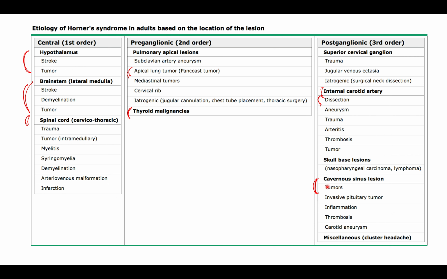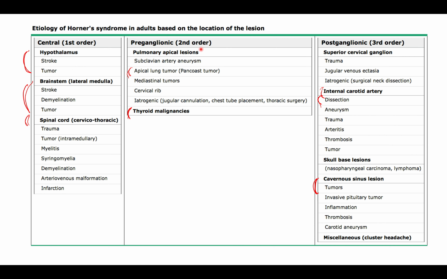Or maybe a cavernous sinus lesion, for example a tumor. Or if there is stroke or tumor in the hypothalamus, or even in the first order neurons in the central nervous system, it may cause Horner syndrome. In the brain stem, the lateral medulla can cause Horner syndrome, for example stroke, demyelination, or tumor. In the spinal cord, there is also trauma.